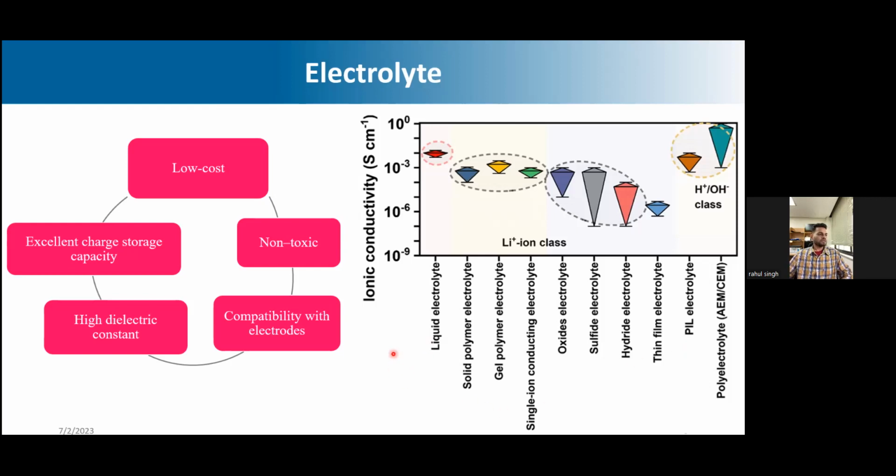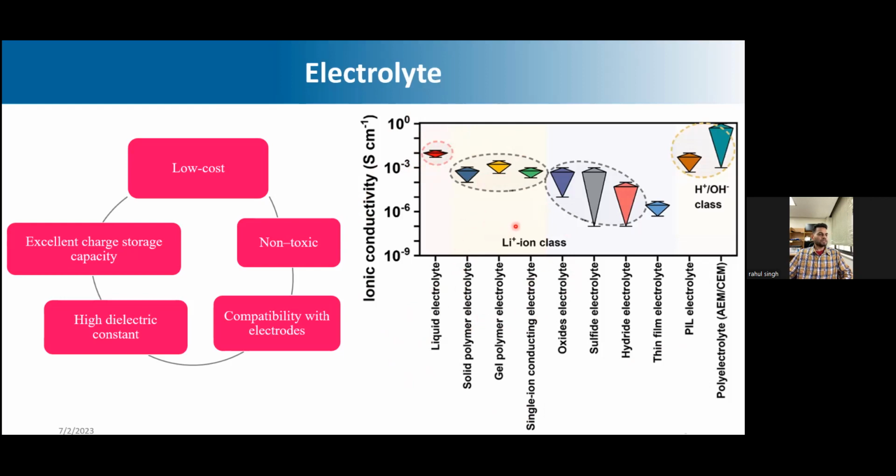If we see the liquid electrolyte, the conductivity is above 10^-3 order, and this is our target. This is the target for many industries and many research groups. So they want their electrolyte to be above 10^-3 Siemens per centimeter.